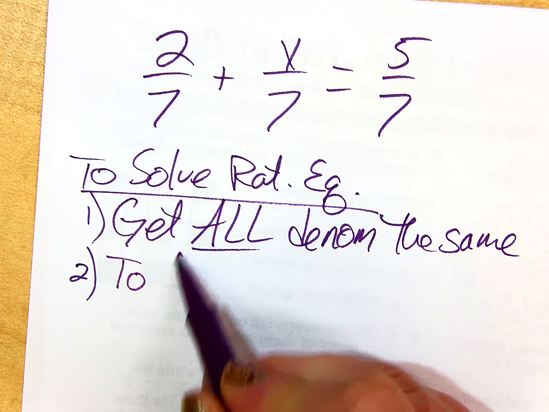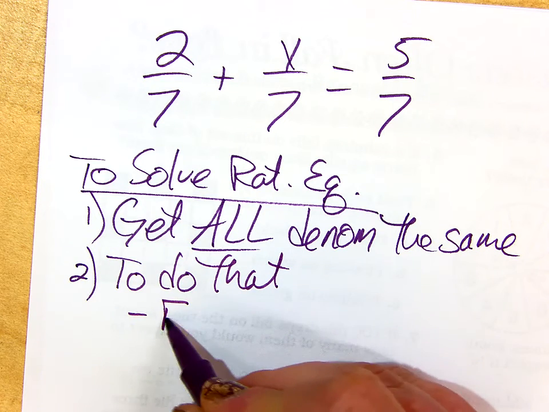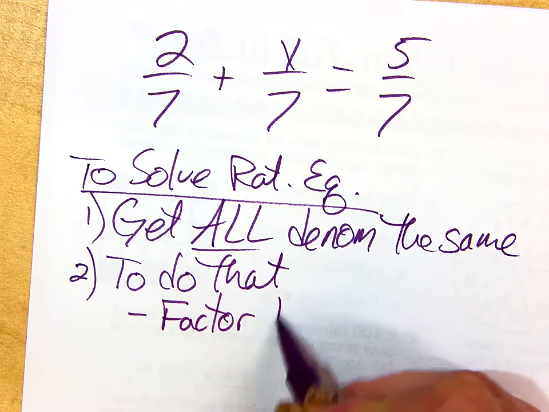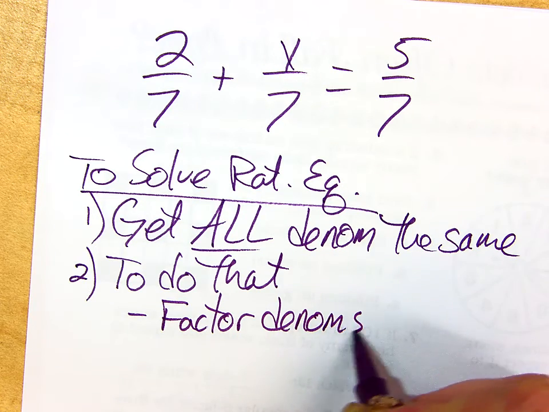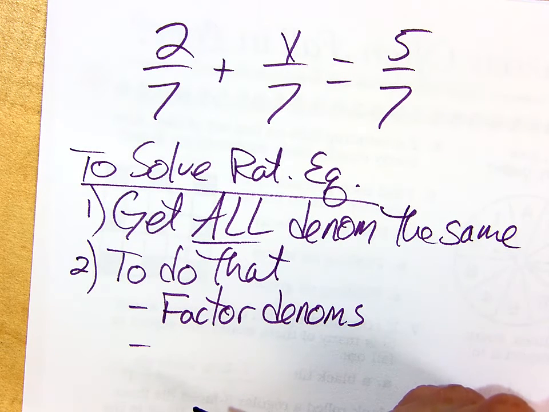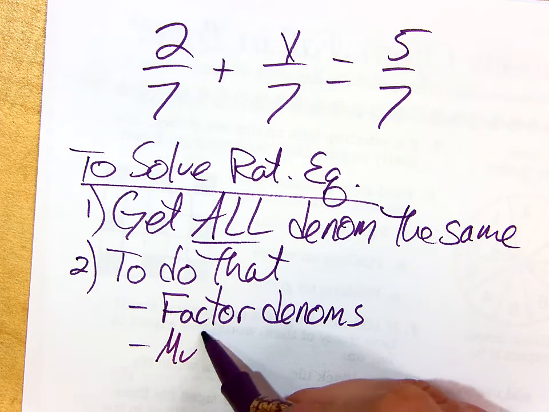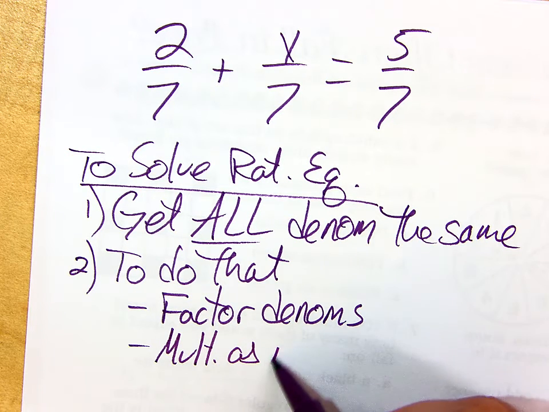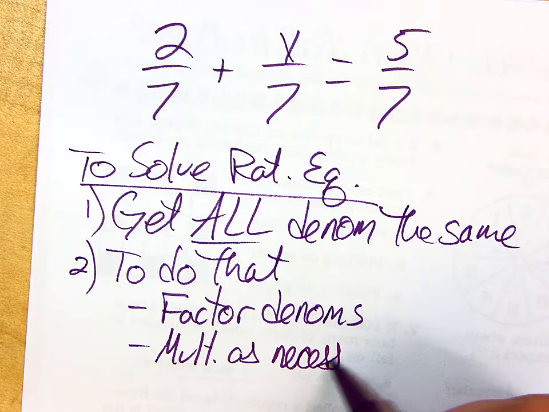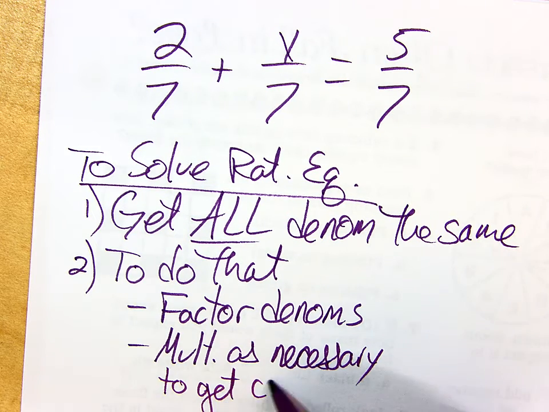So you're going to first factor denominators, then multiply whatever fractions need whatever pieces, just like we were doing on the adding and subtracting stuff. So factor denominators, multiply as necessary to get common denominators.